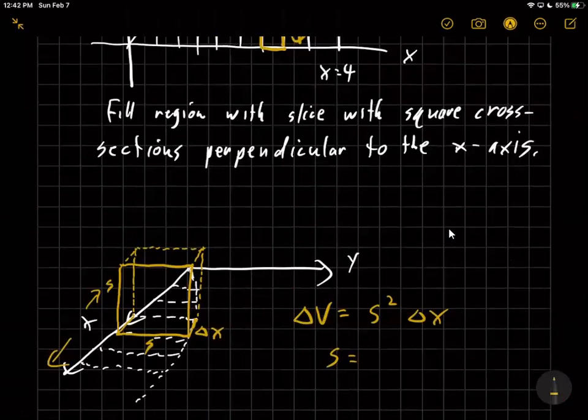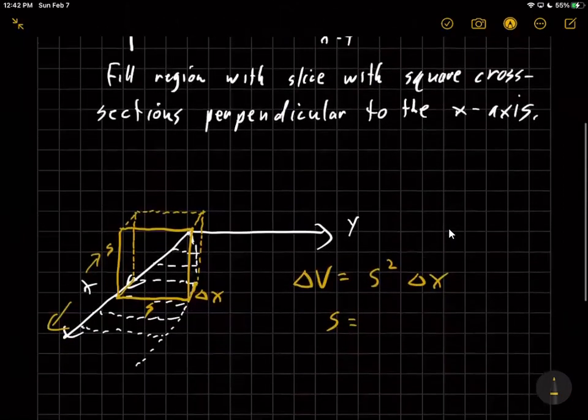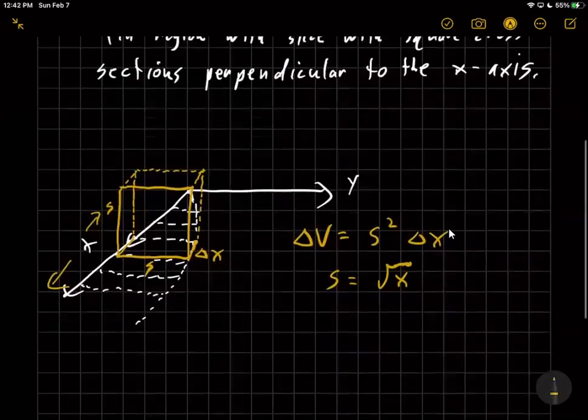That base is lying right in the XY plane. That would be the side length. So looking back at the 2D picture, that's the easiest way to see how big s should be. We simply have to take the top function minus 0, in this case. So it would just be the square root of x where the top is, minus 0, which is the bottom. So that's just square root of x.